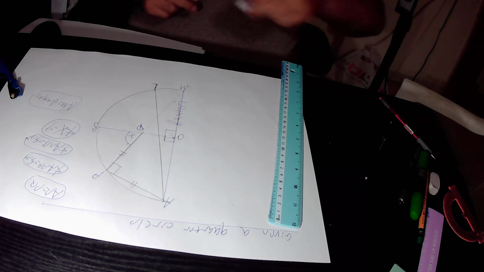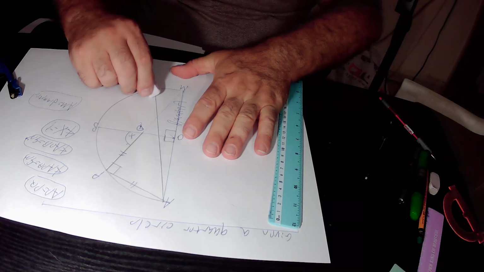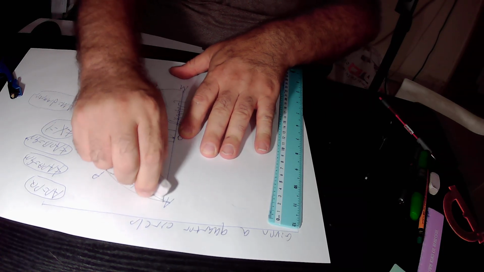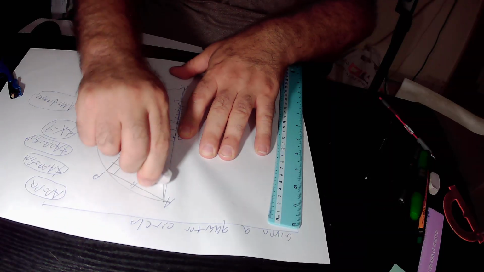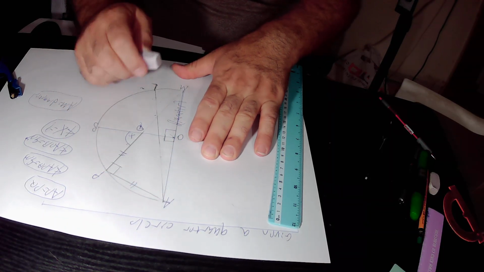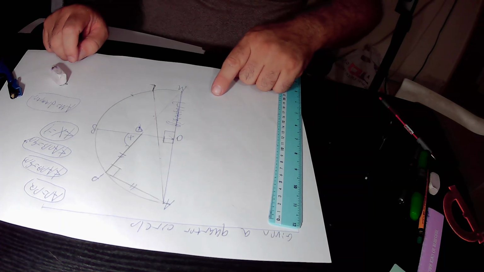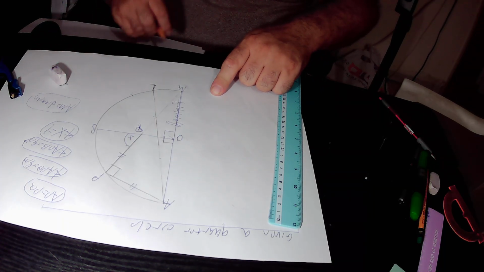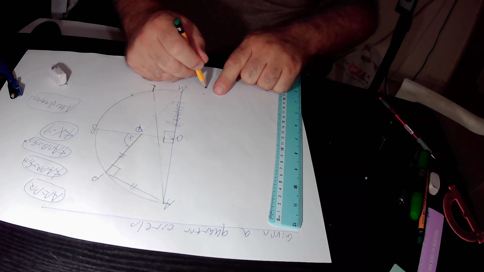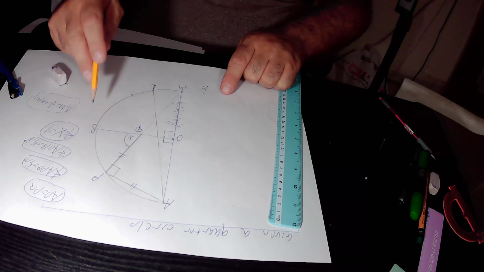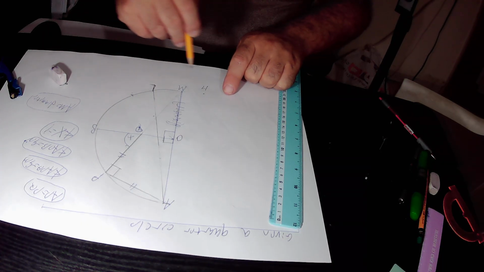Likewise, we will assume that the extended side PQ will touch the circle here, at point E. You can actually complete the semicircle to a circle.